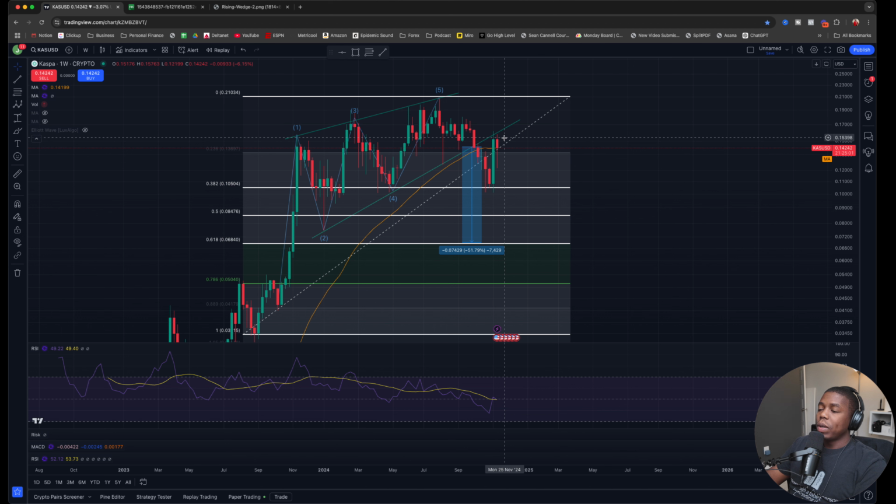And with this retesting, my belief is that it's retesting this trend line before it comes back down further. I do think we'll see some more downward movement.